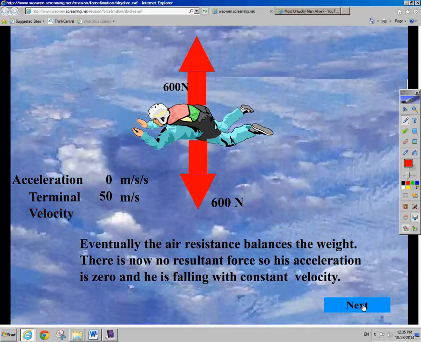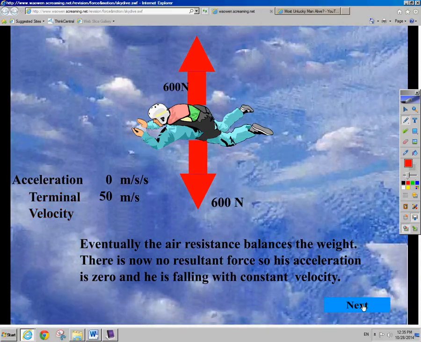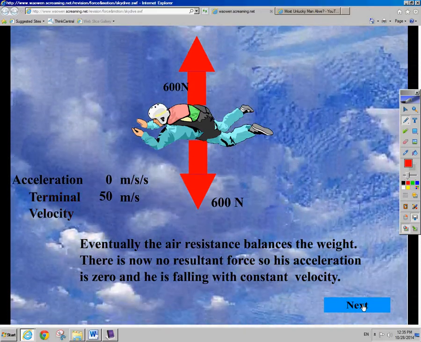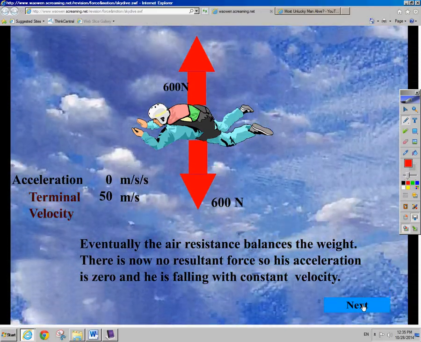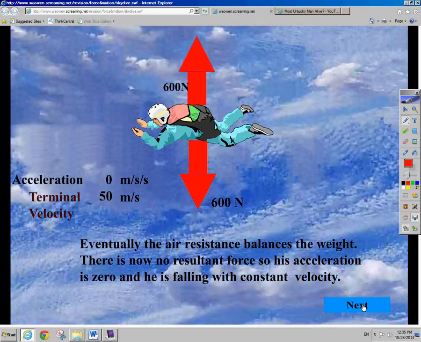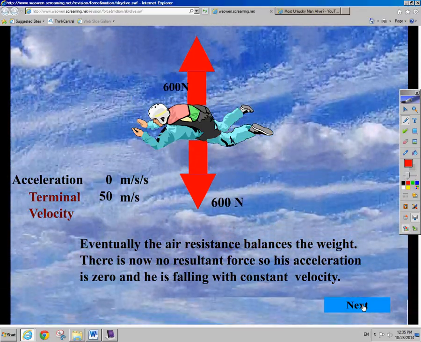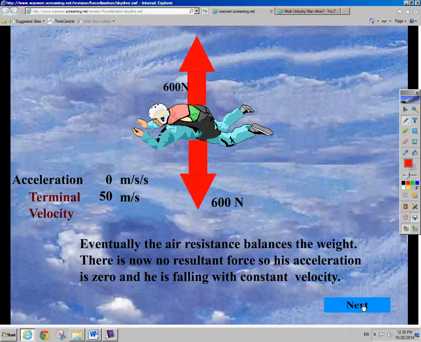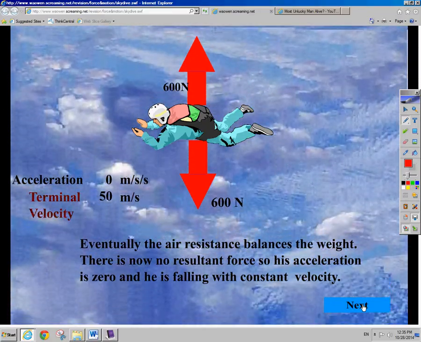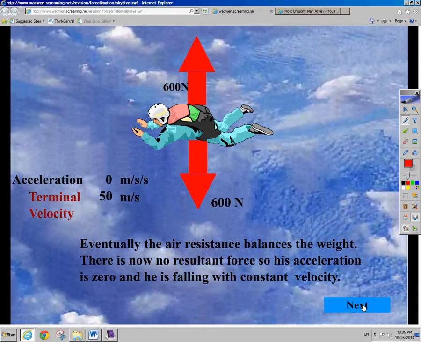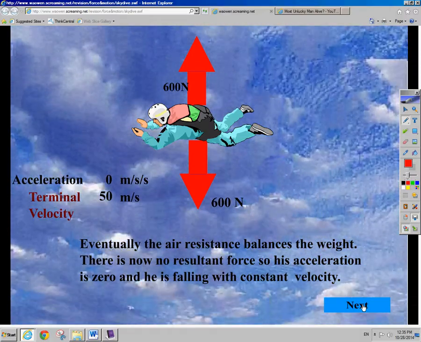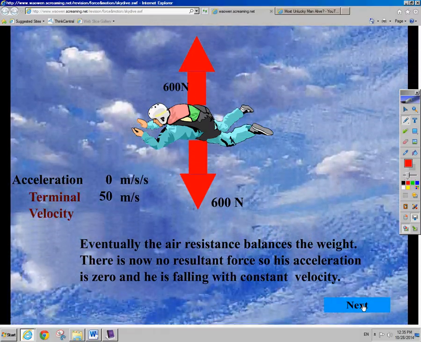You change the area. More surface area means more resistance. If he changes his body and becomes more like a snow plow, like an air plow, that would increase his upward force, and that would slow down his terminal velocity.